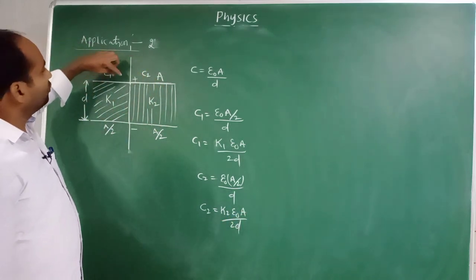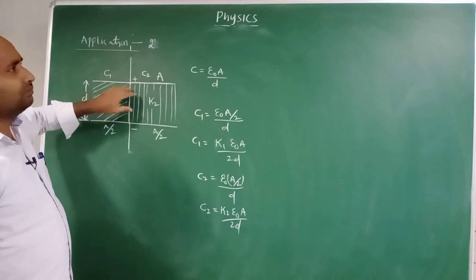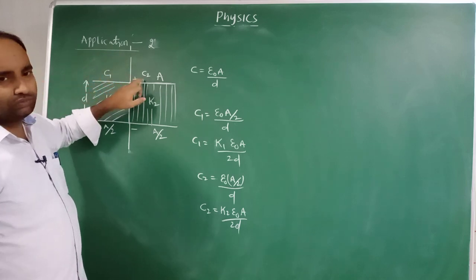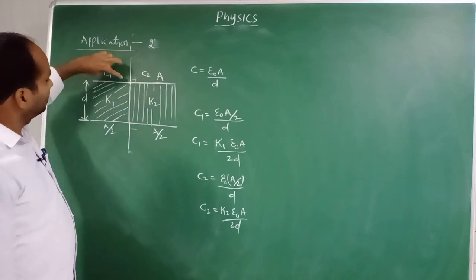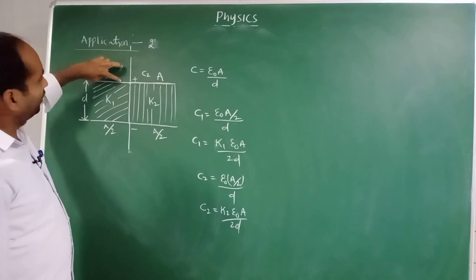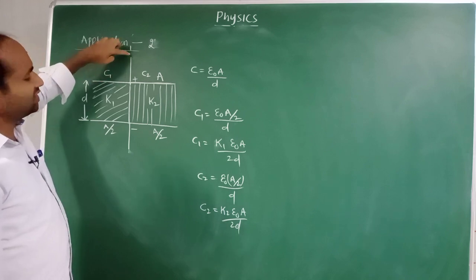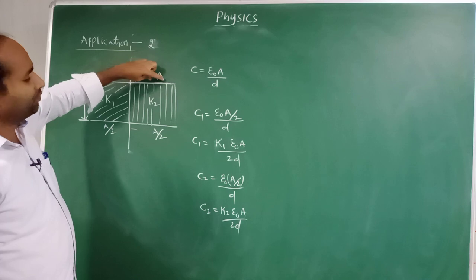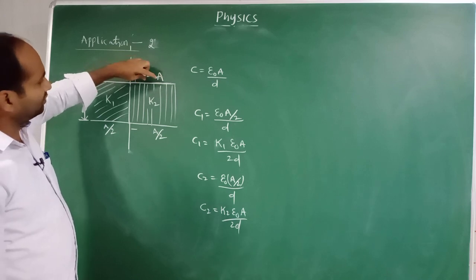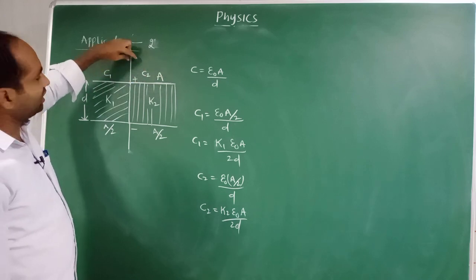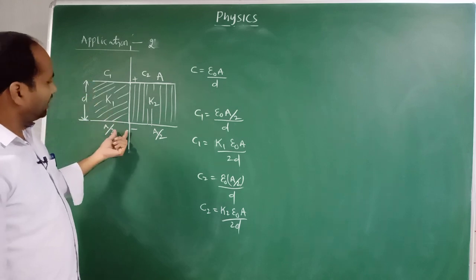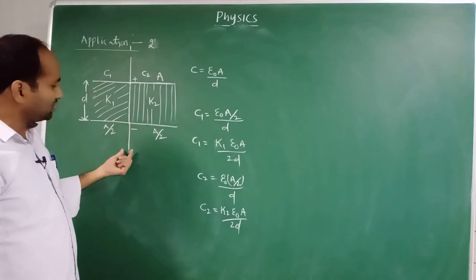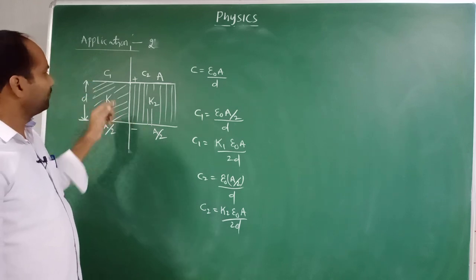Now if you observe this diagram, C1 and C2: one plate of C1 is connected to positive, and the first plate of the second capacitor is also connected to positive. The negative terminals of these two capacitors are connected to the negative terminal.